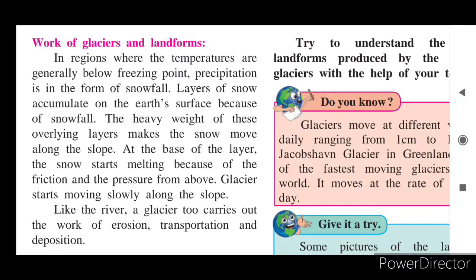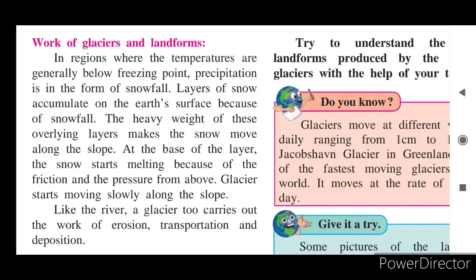Here it is said that in the areas where the temperature is very low, below freezing point, precipitation takes place in the form of snowfall. So the layers of snow accumulate and spread on the surface of the earth. As the snow is falling, layer after layer it deposits.